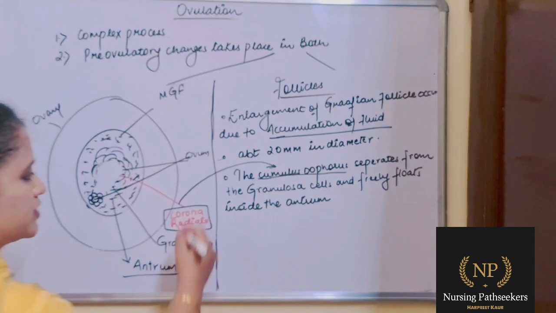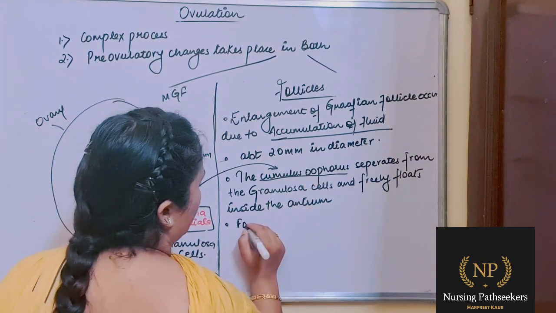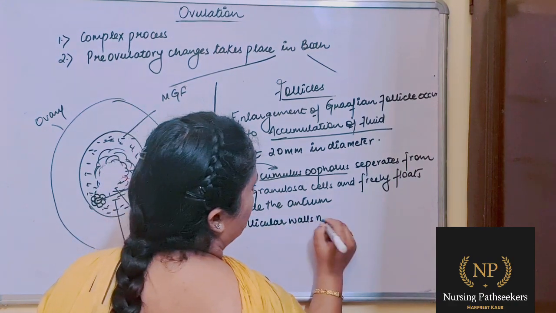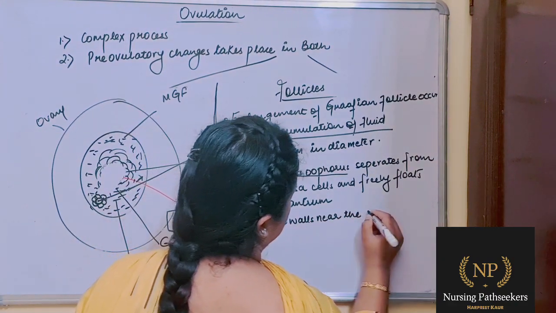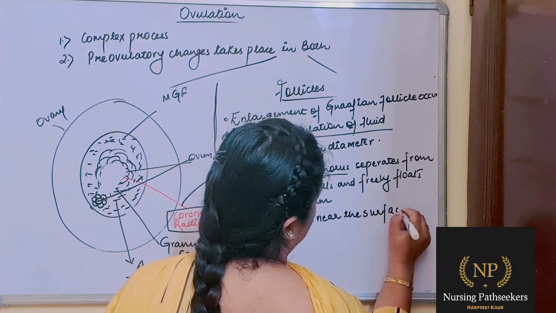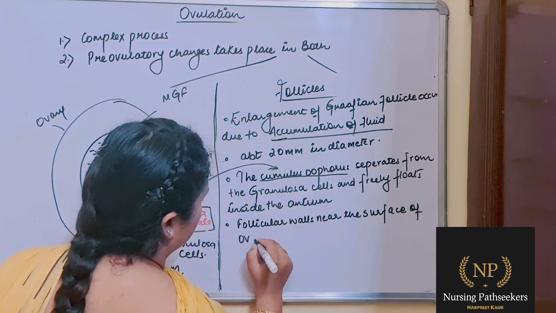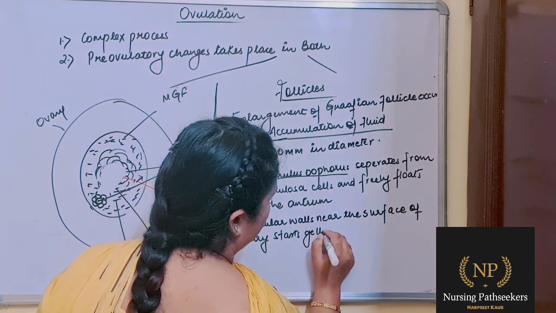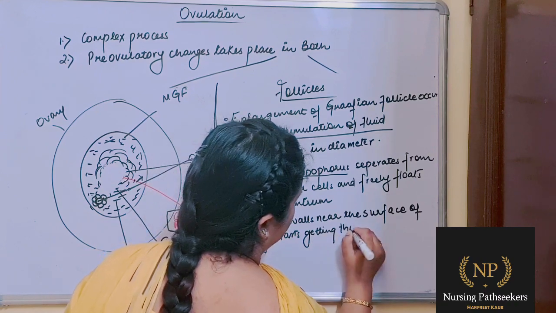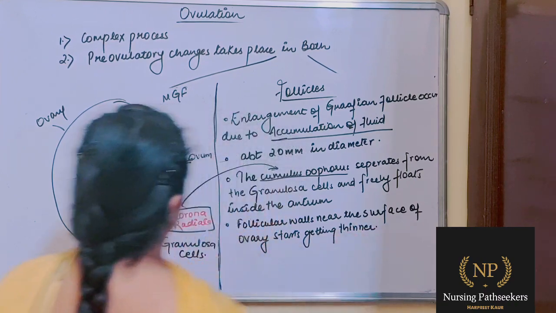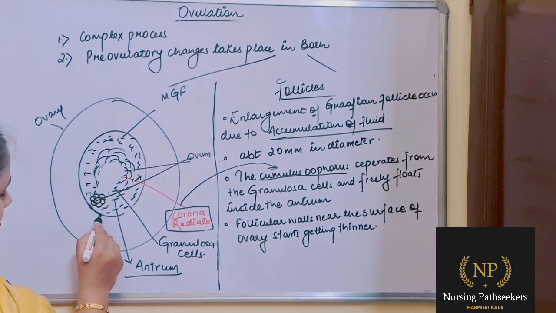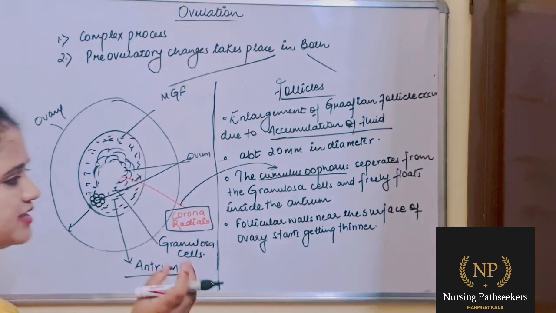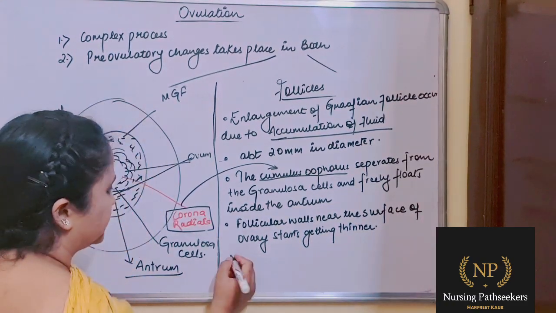Right? Now next what is going to happen? Follicular walls near the surface of ovary start getting thinner. Right? Now this follicular wall near the surface of the ovary will start getting thinner. Why?